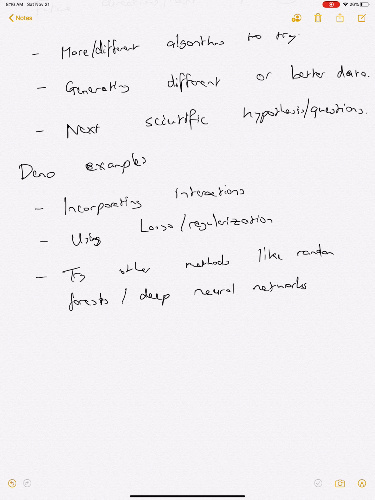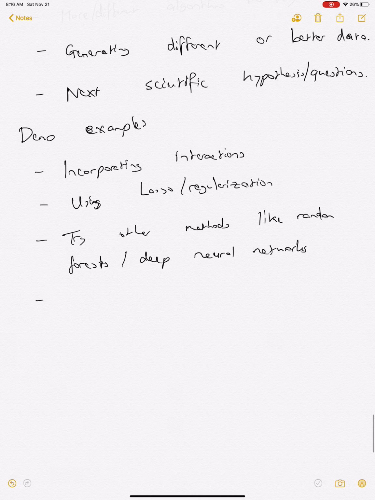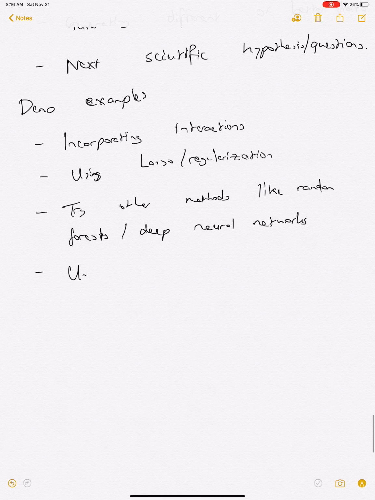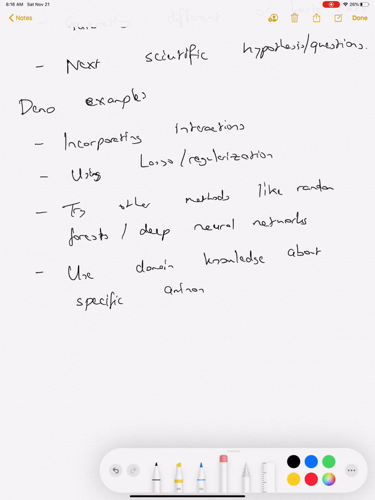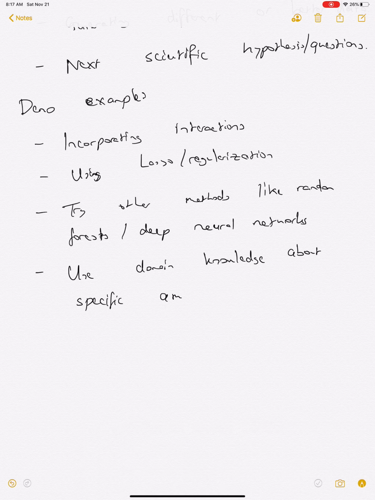Okay, the other thing that I would also suggest is that we could use domain knowledge about specific amino acids and their chemical and biochemical properties.